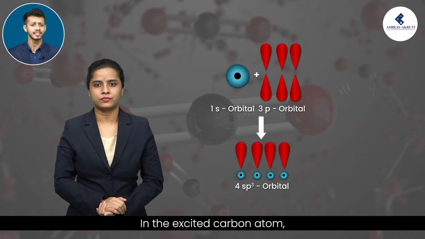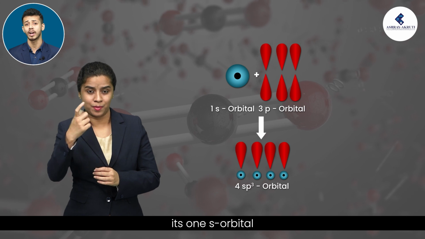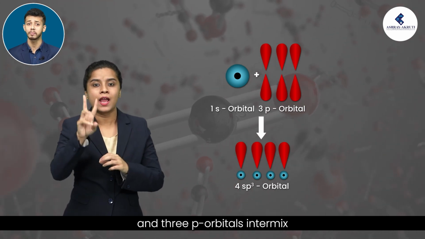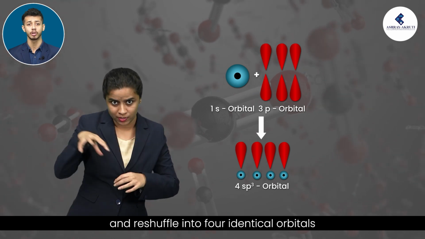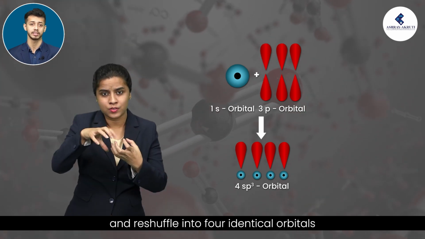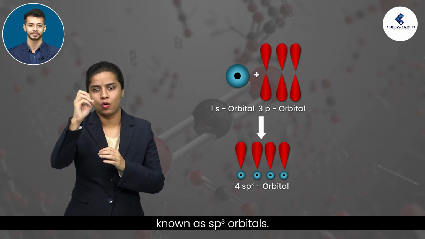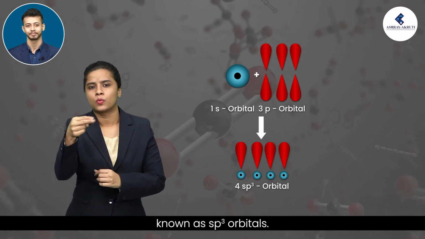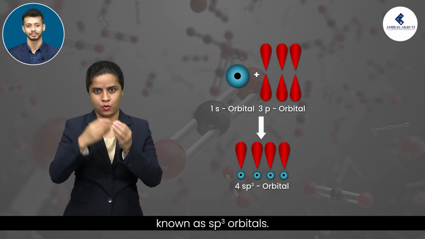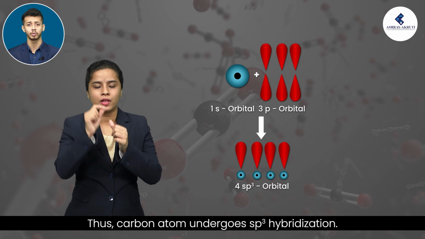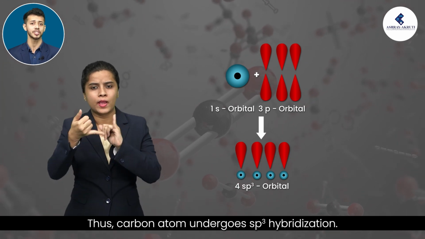In the excited carbon atom, its 2s orbital and 3 2p orbitals intermix and reshuffle into 4 identical orbitals known as sp3 orbitals. Thus, carbon atom undergoes sp3 hybridization.